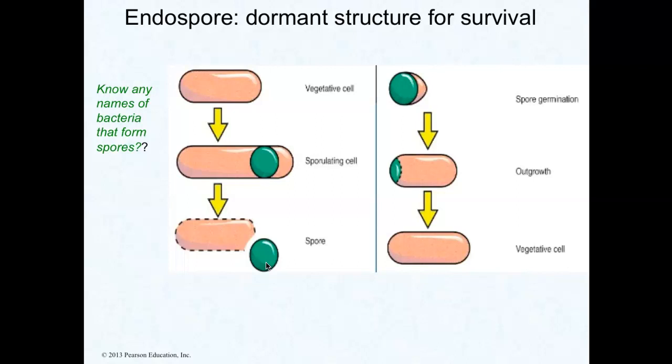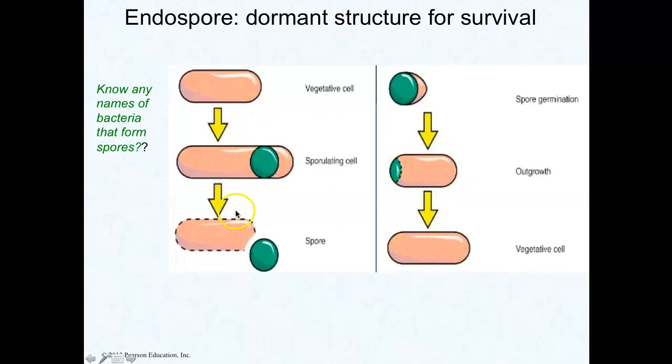It can survive boiling. It could survive UV radiation. It's just very tough. So the spore can detect if the environment is changing, and if there's moisture and organic products there, it will actually germinate. So it'll become active again, build itself a cell and then become the vegetative cell again.